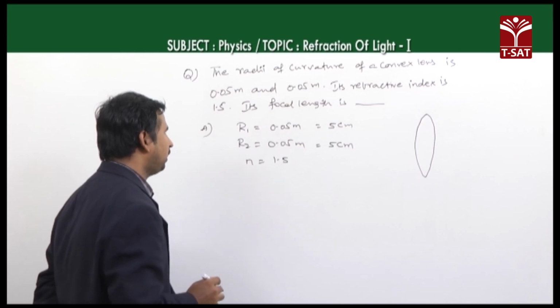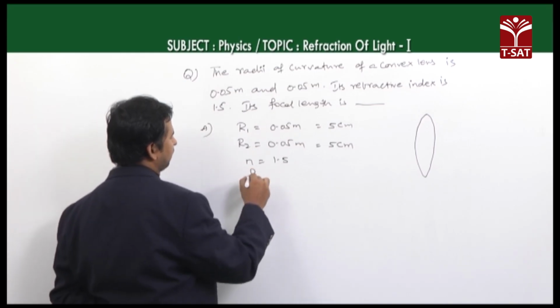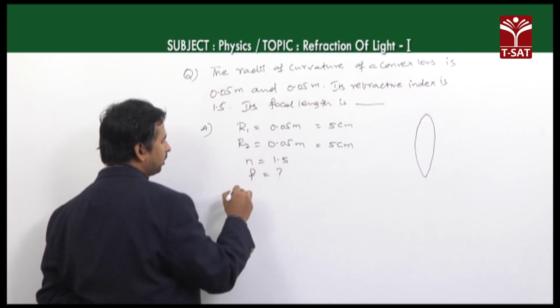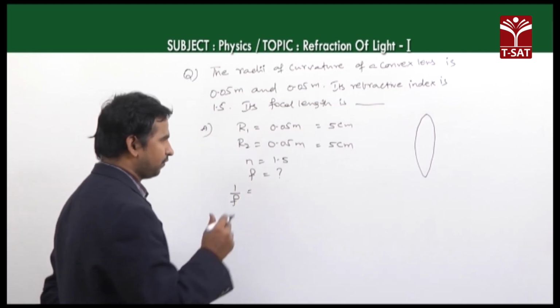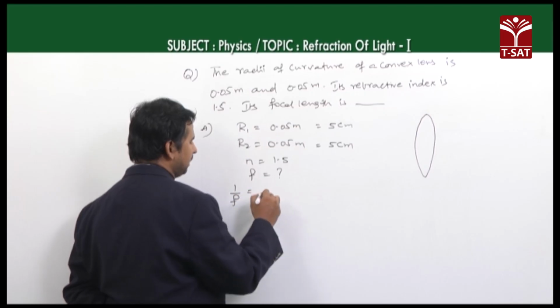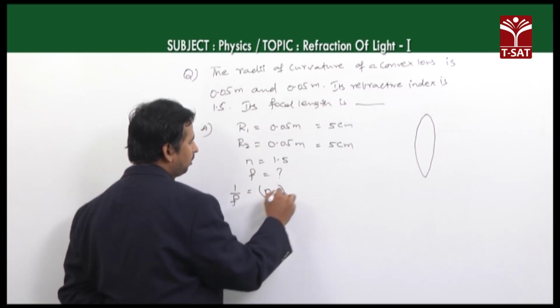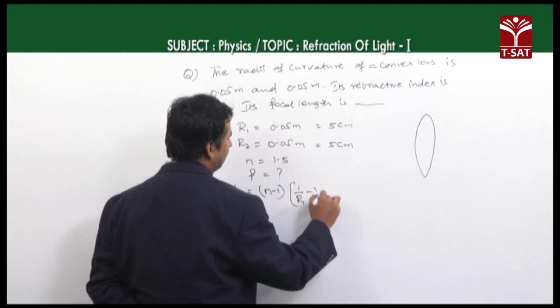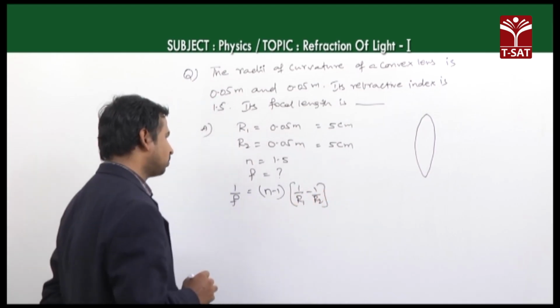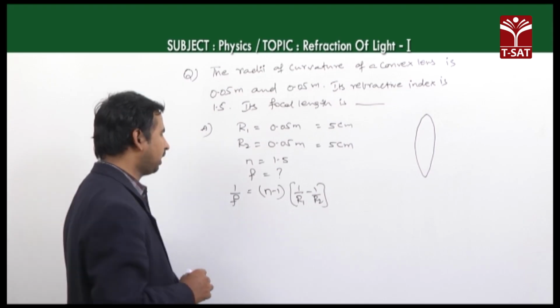Then what we need is to find the focal length here, and we know the focal length formula, if two radii of curvature are given for the double convex lens: 1 by f is equal to n minus 1 of 1 by r1 minus 1 by r2. The n value we already know, the refractive index, is 1.5. So 1.5 minus 1, and we have 1 by r1 minus 1 by r2.